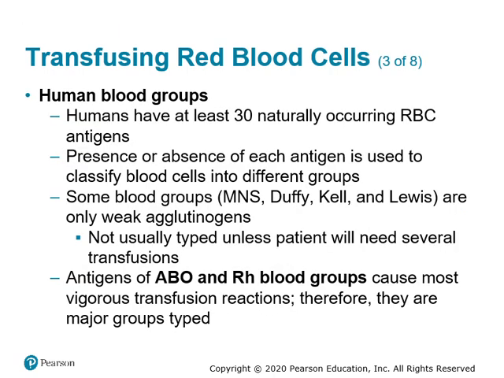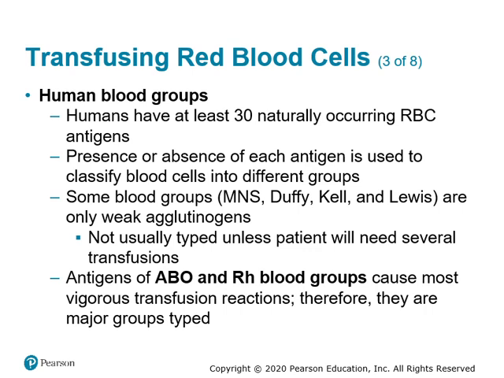So when we're talking about human blood groups, we simplify it because there's at least 30 naturally occurring red blood cell antigens, or surface markers. Again, we're looking at the surface of red blood cells to look for these antigens, or these surface markers. But the presence or absence of each antigen is used to classify blood cells into different groups, like MNS, Duffy, Kell, Lewis.